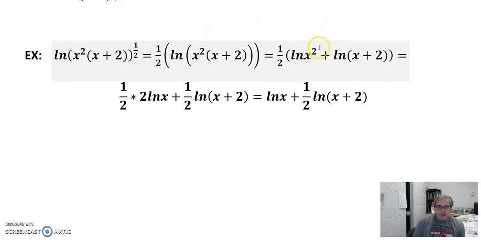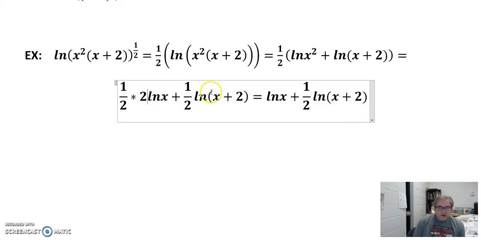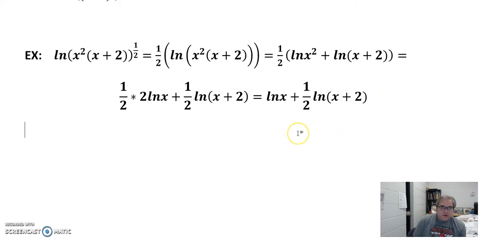I'm going to apply the distributive property to multiply the half in. And I also brought this 2 down. Where did that 2 come from right there? Well, that came from that 2 here. Technically the 2 came down, then I multiplied a half in. Half times a 2, next step is a 1. And ln of x plus 2, I can't do anything to it.